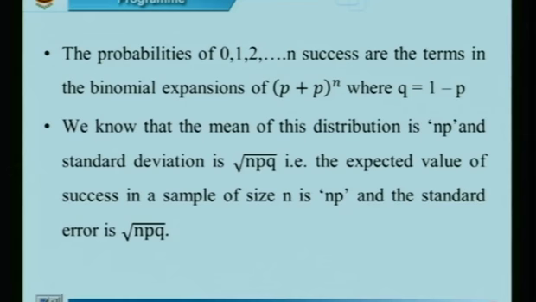Through using the given value of n and the probability of success and failure which we calculate from the given data, using these statistical parameters we can take the final decision whether the hypothesis is to be rejected or accepted.